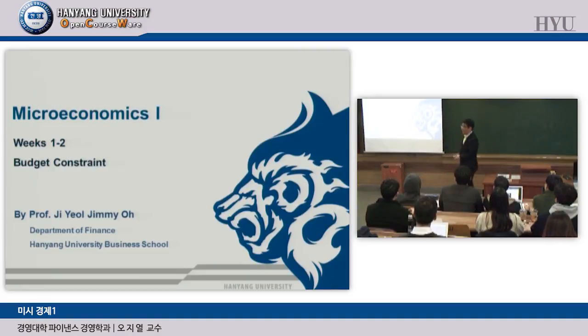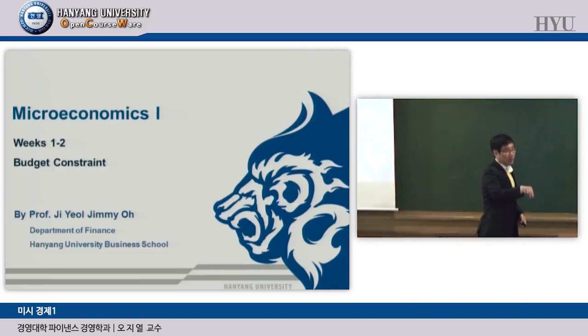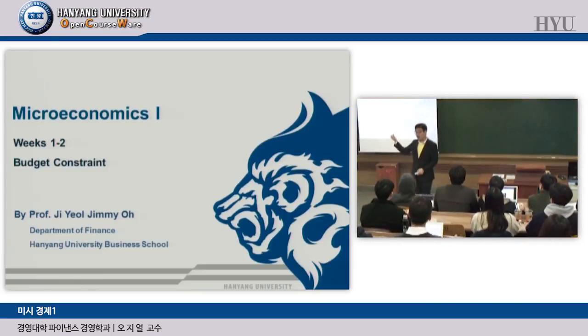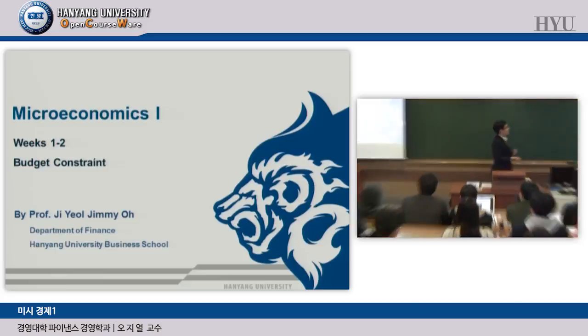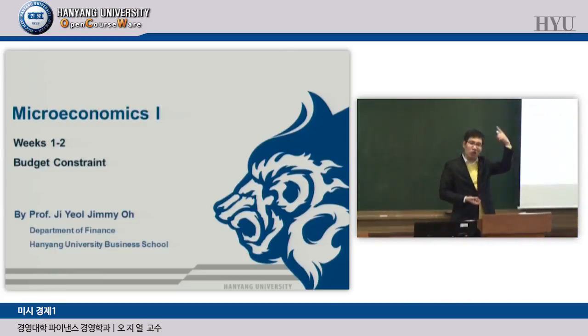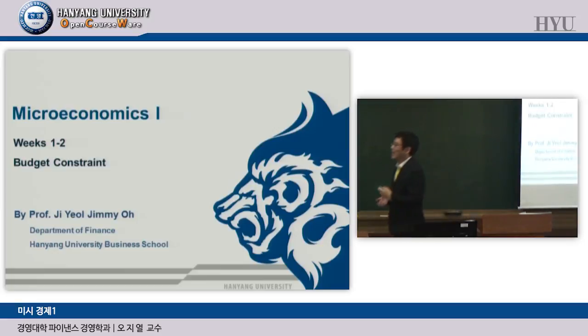So we have to look at your constraint first. Then we can look at your preference afterwards. Constraint, preference. Then we can add them together to represent your optimal choice, which I'm currently making lecture notes on in my room, actually.